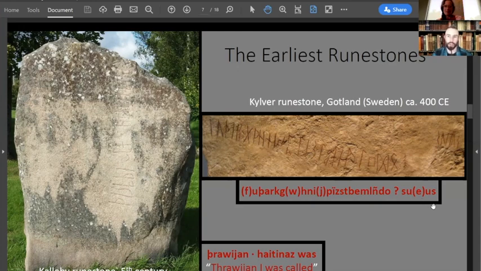So some people think that this runestone is a magical inscription because it was discovered facing downward into a grave. So the theory goes that this was meant to pacify the dead person in some way. However, it can also just be that somebody was practicing runic writing and the stone was just reused for the grave.